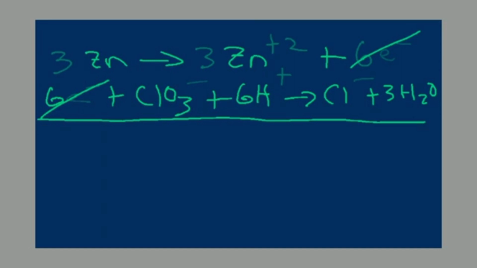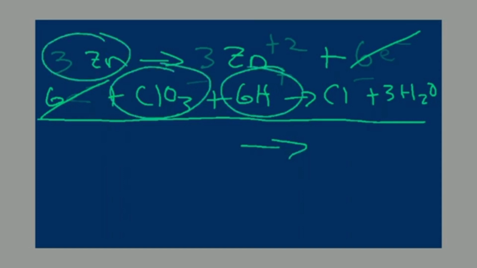And then everything else, you could just bring it down. So to the left of the arrow, we have zinc, chlorate, and the H+ ions. And on the right side, we have the zinc ions, chloride, and water.